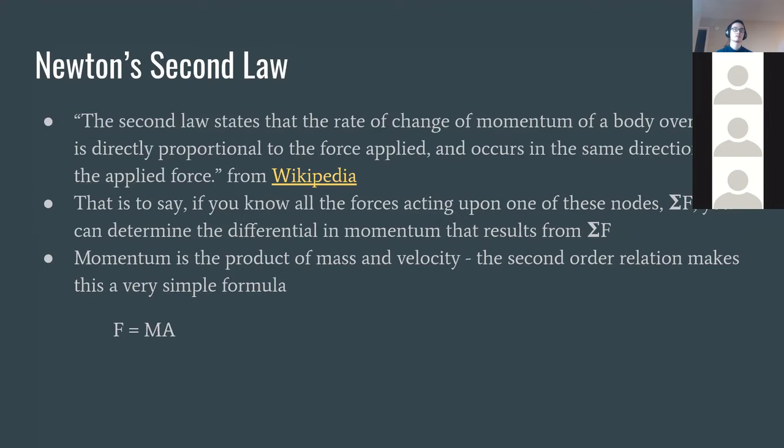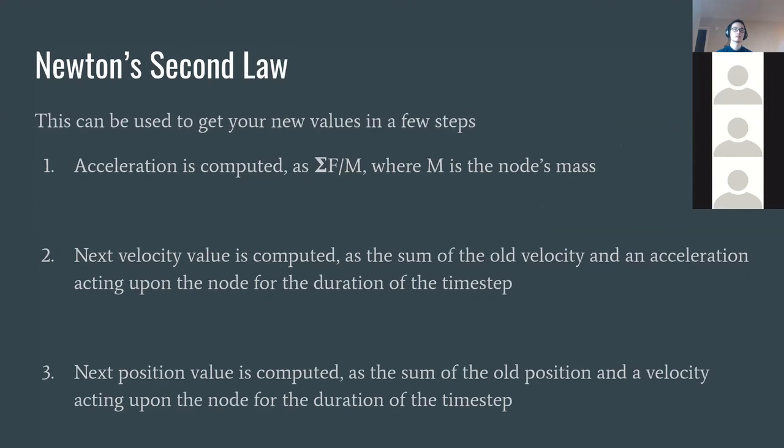So the way we use that is each update, the acceleration is computed as the summation of all the forces divided by the node's mass. Then the next velocity value is updated from an acceleration of this magnitude acting upon the node for the duration of the simulation time step.